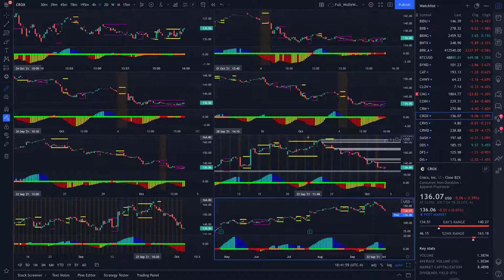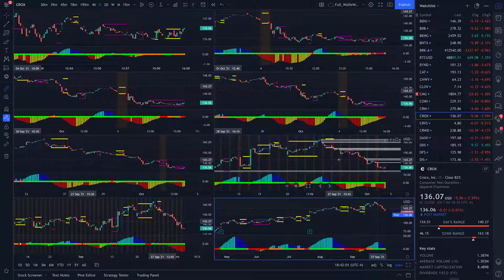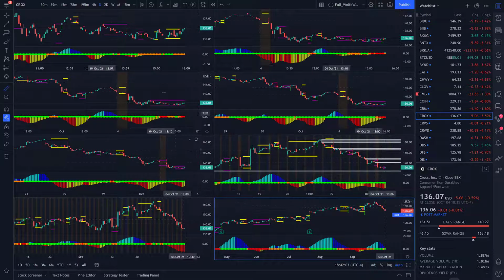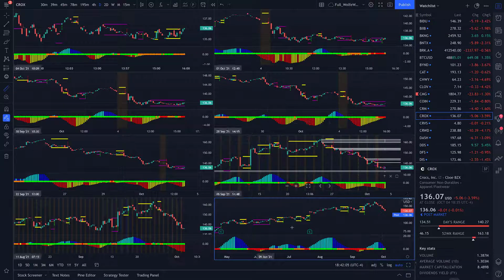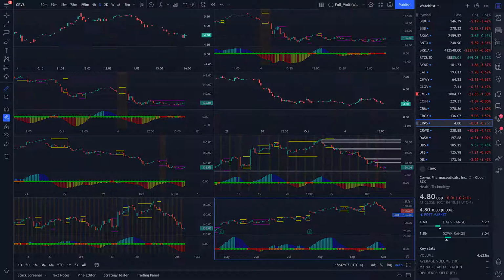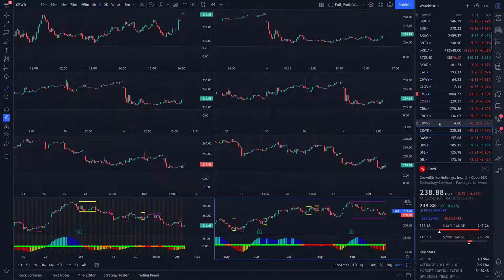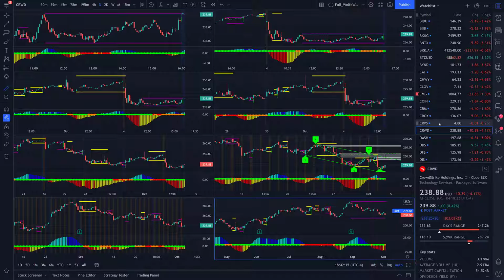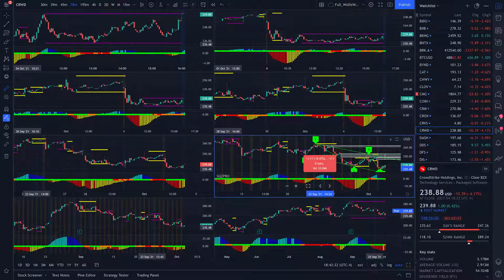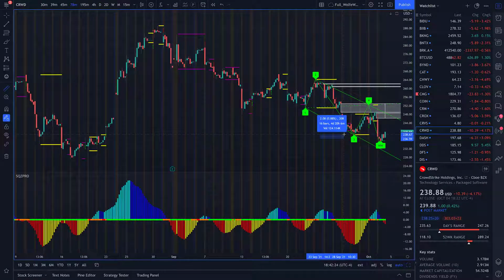So here's Crocs. Okay, and you can put on the gap finder on any time frame. CRVS, that was up a lot today and then did nothing. Still drawing down. Okay, here's another one, CRWD. Another similar setup to CRM, right?